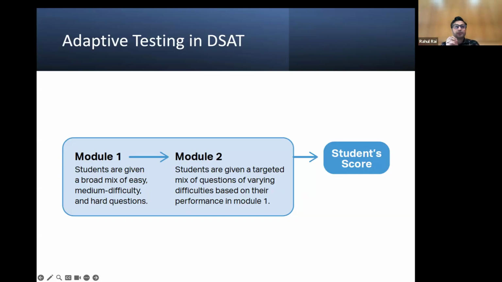For example, in the same example that I'm continuing, let's say we are taking the math section, and you have answered nearly all the questions right in module 1, then your score range will be fixed from, let's say, 740 to 800. So that will be the range. They will come up with a range of score based upon your performance in module 1.